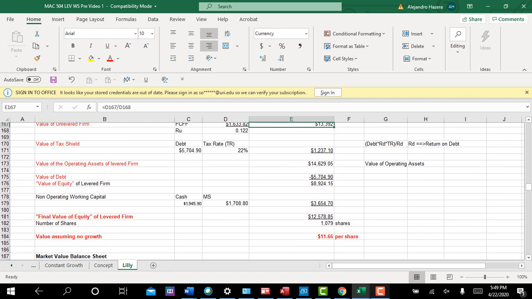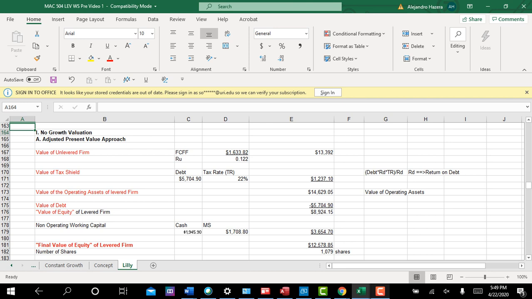Now you may once again be asking, you have 2 different approaches. You get the same result, so why don't you just use one? I think they complement each other. The adjusted present value approach is really emphasizing the theory that if you take the value of an unlevered firm and add the value of the tax shield, that'll give you the value of the operating assets of a levered firm.